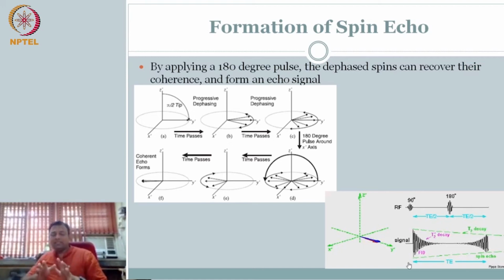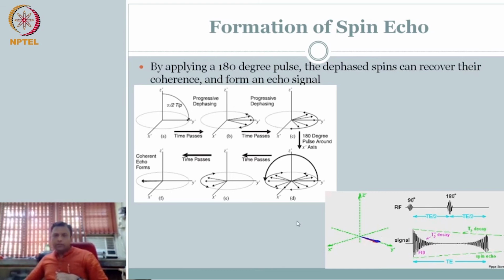Namely here, at least in this limited discussion, we have 3 characteristics: proton density, T1, T2 of the material. We can exploit, understand, characterize, measure using your sequence of application of the excitation pulse, and of course the timing involved when you are recording, after how long you are applying. All these are parameters of acquisition.